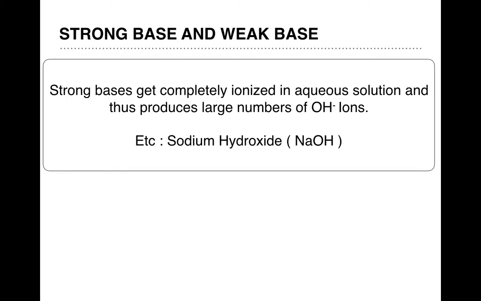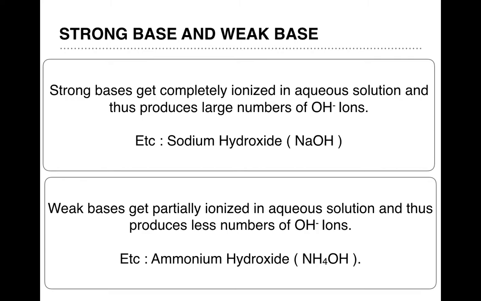Strong base gets completely ionized in aqueous solution and thus produces a large number of OH minus ions, like sodium hydroxide, NaOH, right? And weak base gets partially ionized just like weak acids in aqueous solution and thus produces fewer OH minus ions, like ammonium hydroxide. This might be an example of weak base, NH4OH, and NaOH or sodium hydroxide might be an example of strong base.